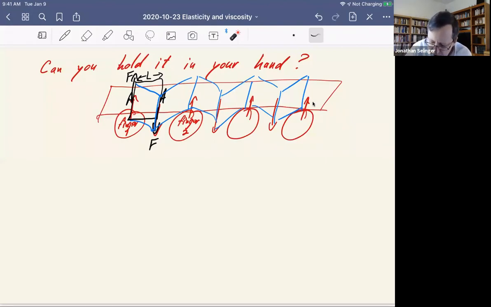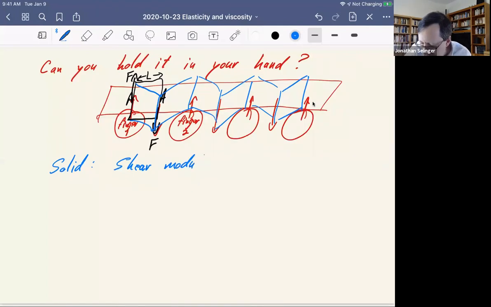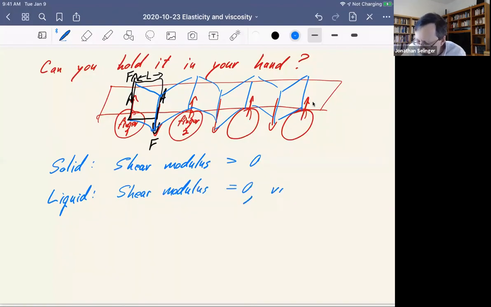We could say that the solid has a shear modulus greater than zero, but the liquid has a shear modulus equal to zero and a viscosity that is something greater than zero.